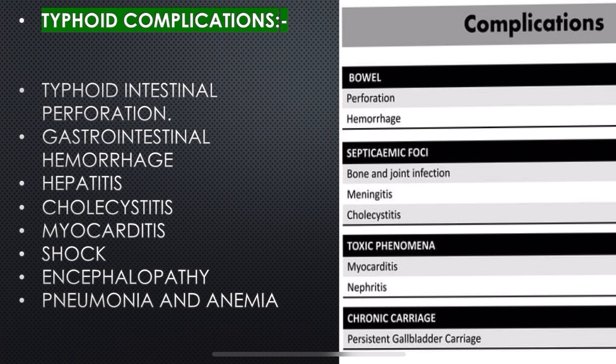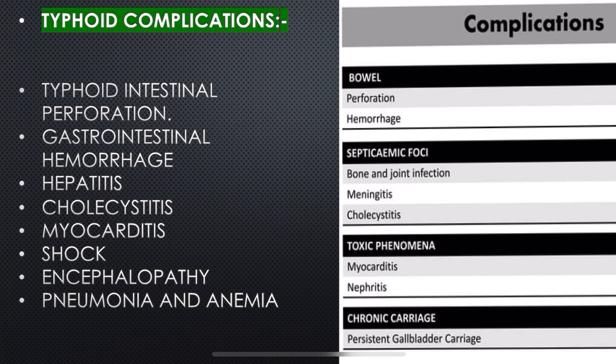It can also lead to gastrointestinal hemorrhages, due to severe ulceration or severe inflammation. They will cause internal bleeding, and the bleeding can be so severe that the patient may require a blood transfusion or immediate surgery to stop the bleeding.